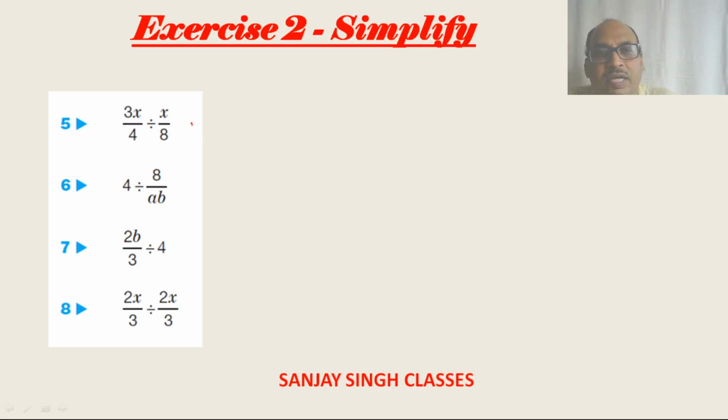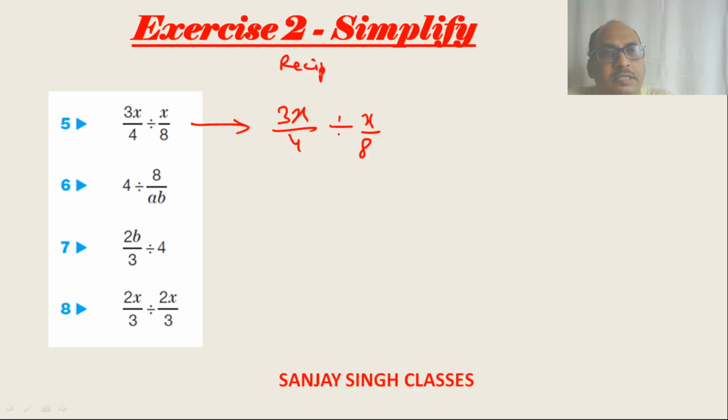Now question number 5. So 3x by 4 divided by x by 8. Here we will be using reciprocal. So reciprocal is what? Reciprocal of 2 is 1 by 2.